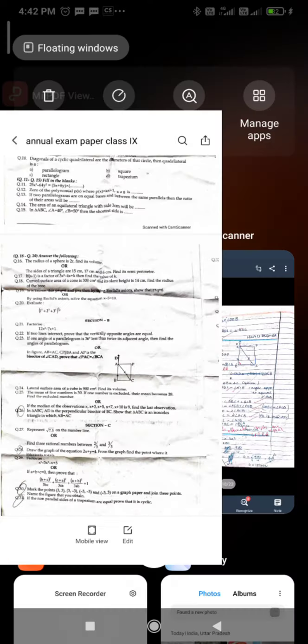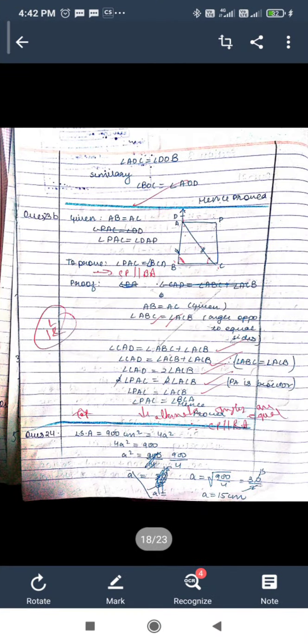So in the next question, this one. So here we see that triangle ABC is an isosceles triangle. Since AB and AC are equal, angles opposite to equal sides are equal, so we get ACB and ABC will be equal.